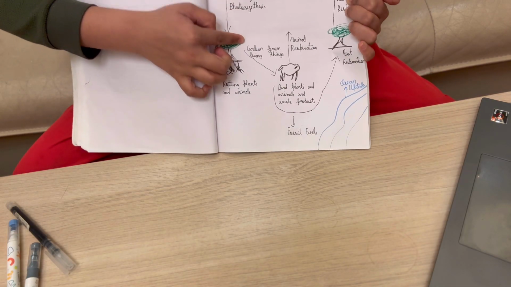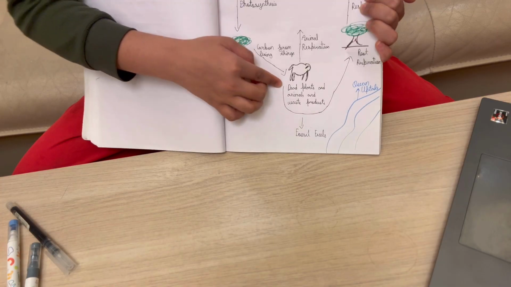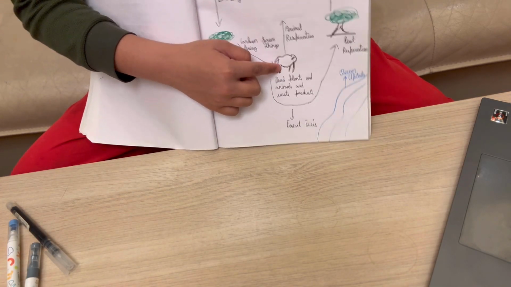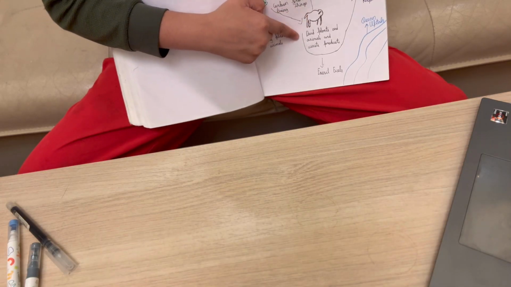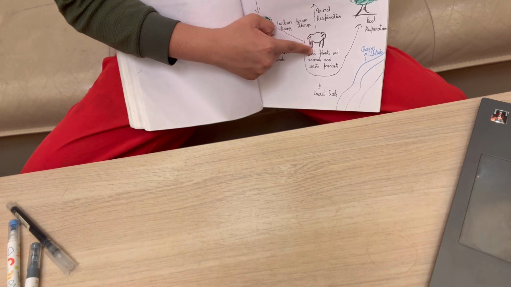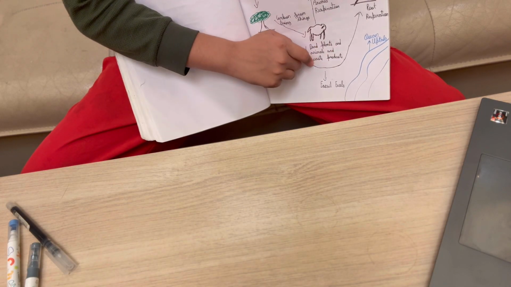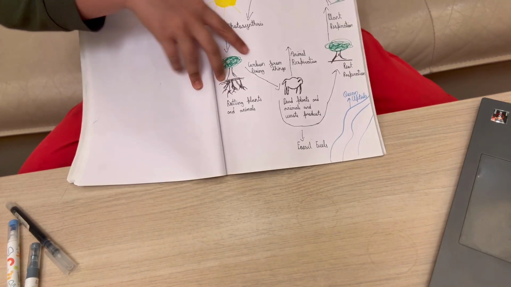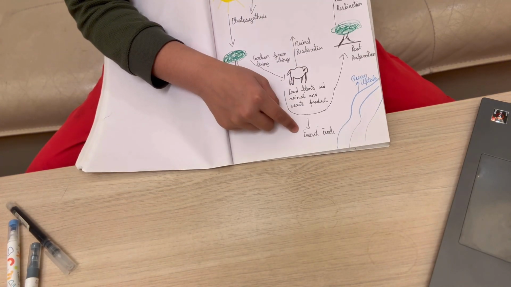So this is carbon from living things, and here there's a cow I drew, and I labeled it dead plants and animal and waste products. That means when an animal dies, it decays and then carbon dioxide gets into the air.